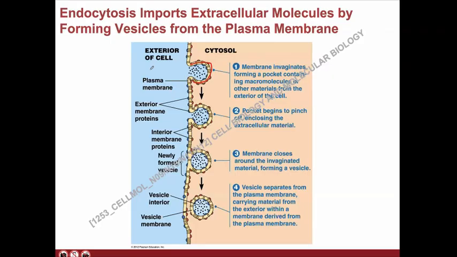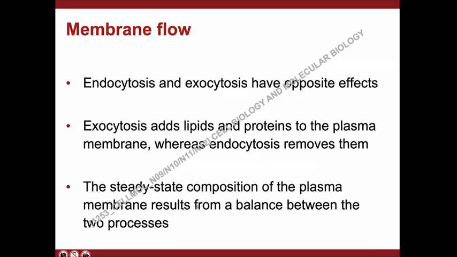Then, once the contents to be transported have entered, it pinches off and eventually closes. This vesicle pinches off to form an endocytic vesicle, which contains the ingested substance or particles.